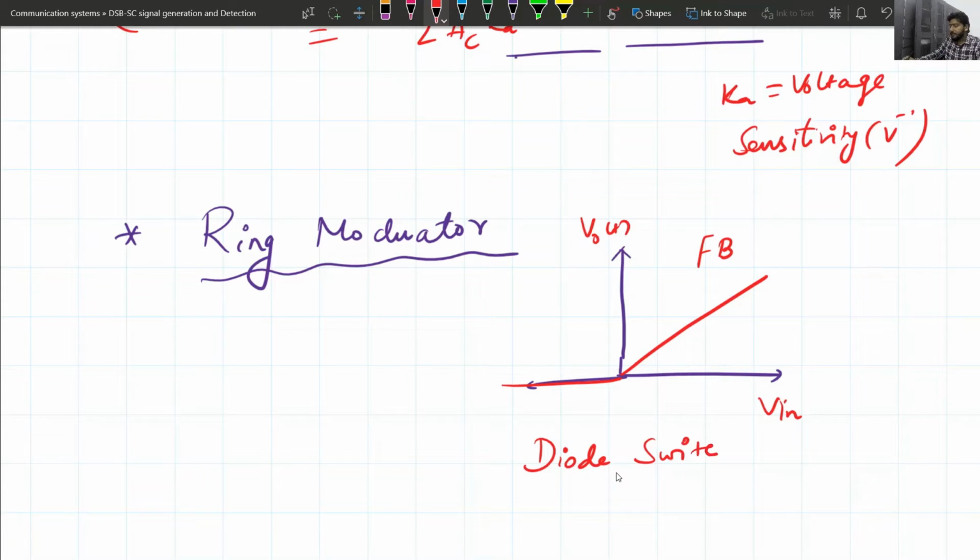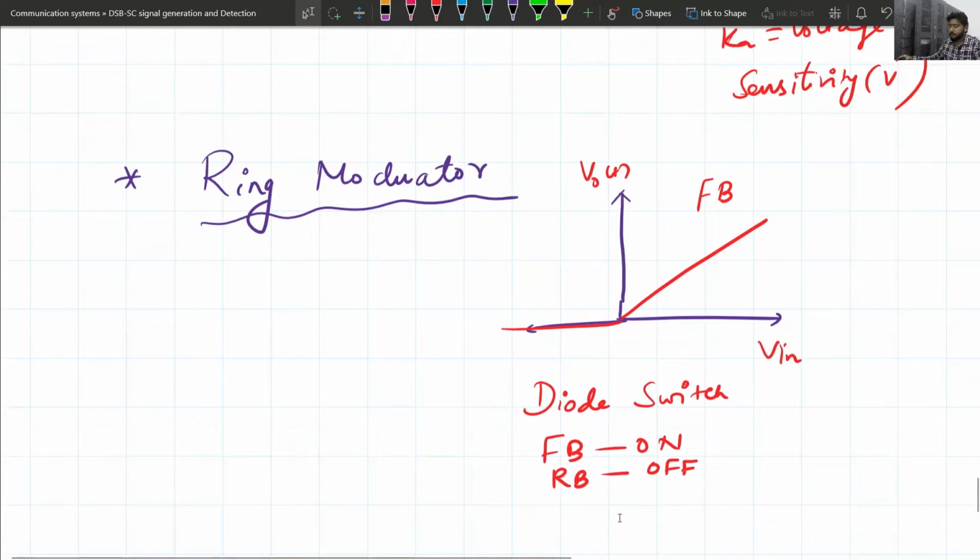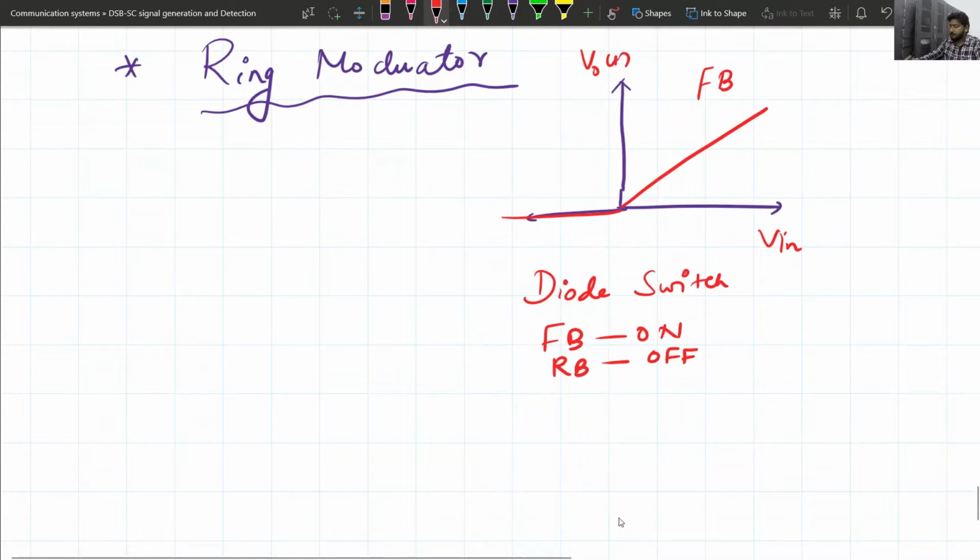That means when it is forward biased, it is in the on mode, and in reverse bias, it is in the off mode. Let us deal with an ideal diode.